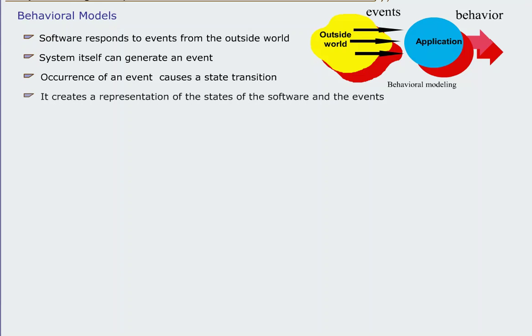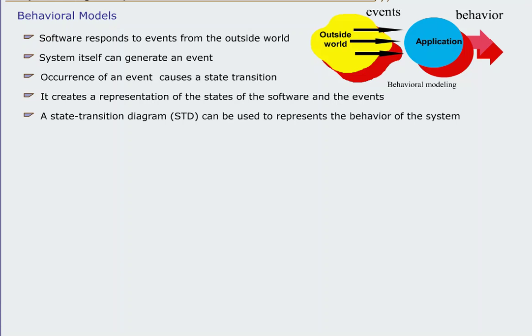A behavioral model creates a representation of the states of the software and the events that cause the software to change its state. A state transition diagram, STD, can be used to represent the behavior of the system.